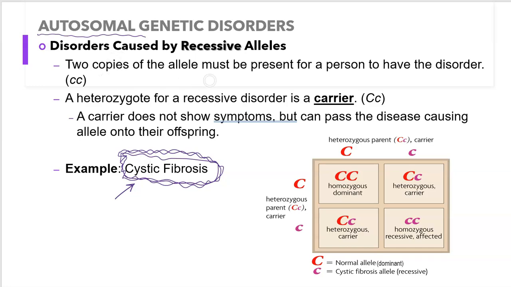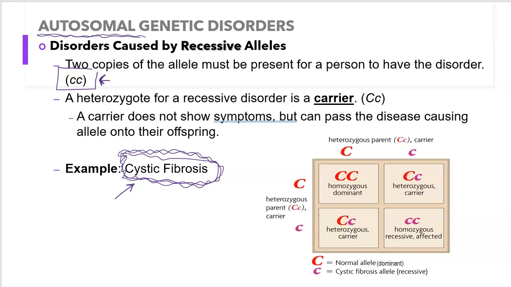So 2 copies of the allele must be present for a person to have this disorder. So cystic fibrosis is autosomal recessive. We say autosomal because it's found on one of those 22 pairs of chromosomes, and recessive because it's recessive. You need 2 recessive alleles to express or to have the phenotype of cystic fibrosis.